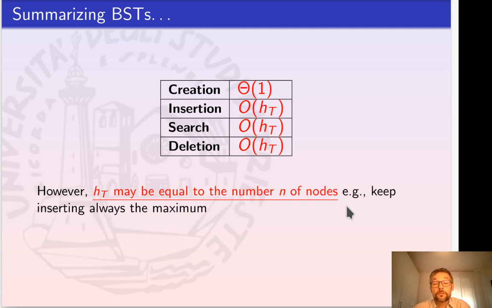Which basically means if you are dealing with a database recording all the persons in the world, you end up performing for one single insertion a number of operations which is linear with 7 billion. Okay, which is not really smart, and let me show you why it's not that smart.